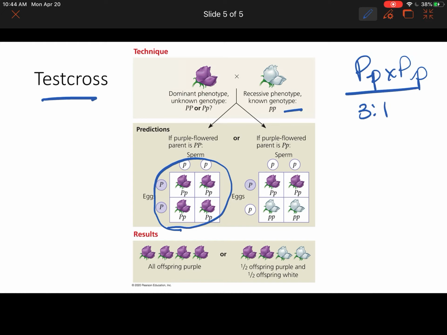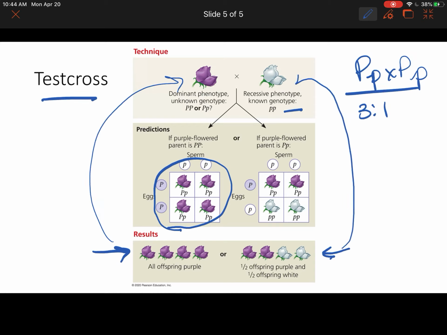So when we do this test cross, if all of our offspring are purple, then we're going to know that our unknown genotype is homozygous dominant. If some of our offspring are purple and some of them are white, then we're going to know that our purple plant with unknown genotype is heterozygous.